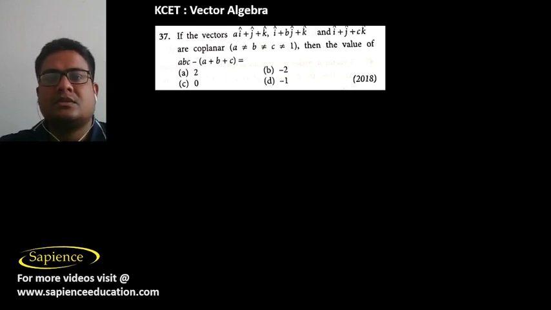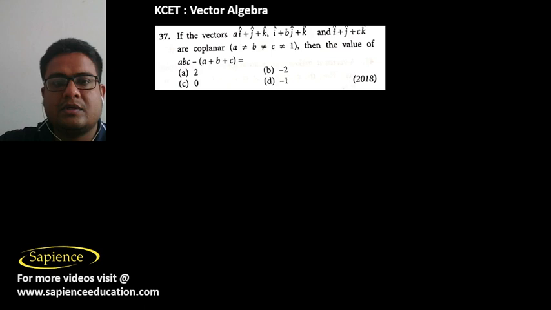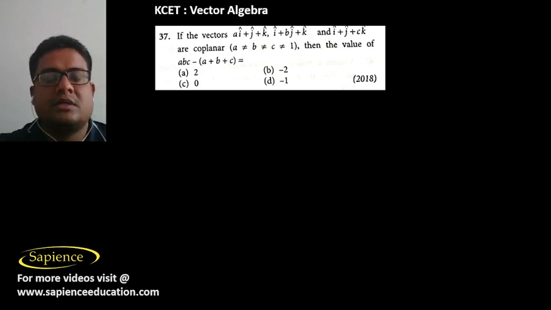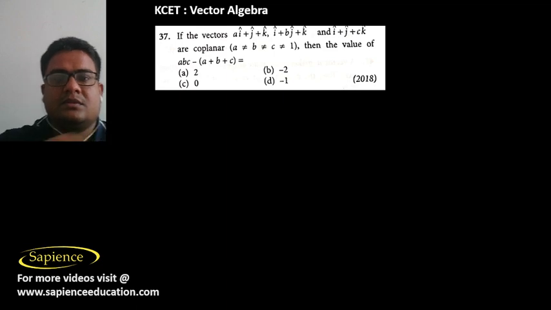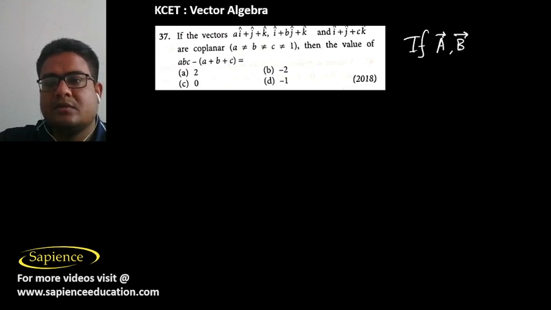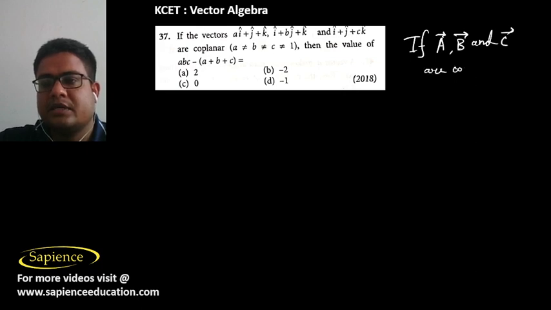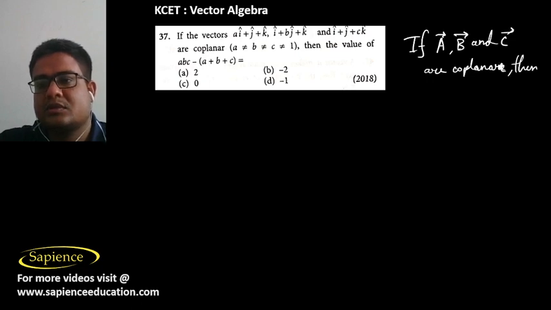If the vectors are coplanar, then what is the value of abc minus a plus b plus c? The rule is that if vectors A, B and C are coplanar, meaning they lie in the same plane, then their scalar triple product is zero.